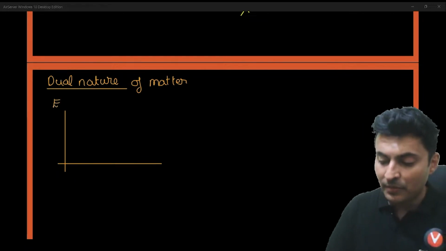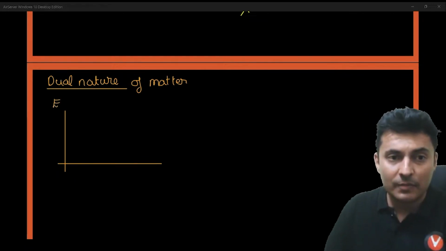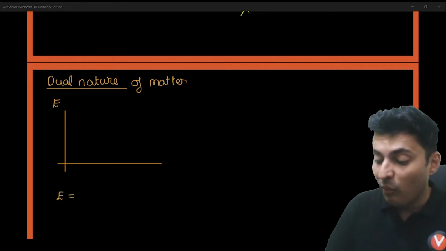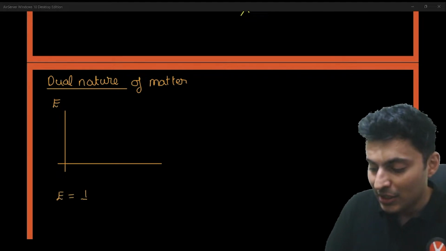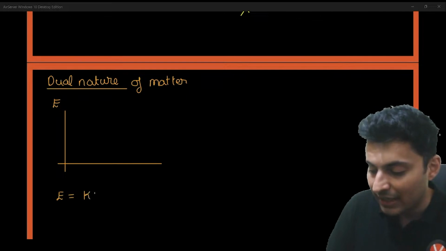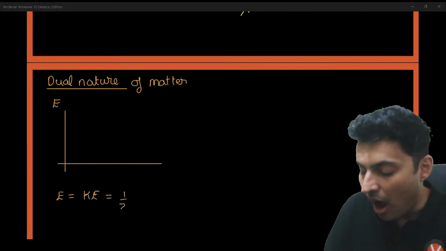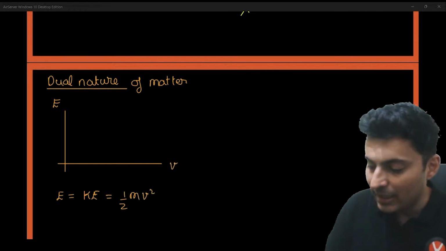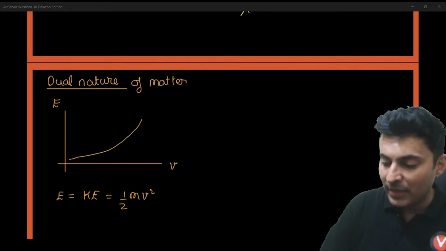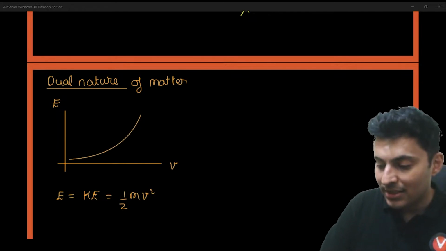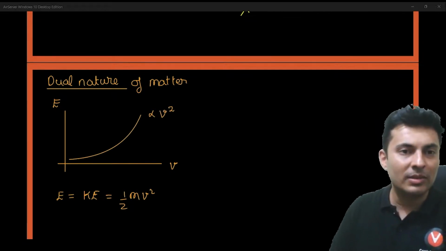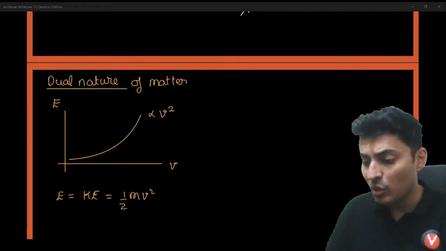The energy is basically kinetic energy, just half mv square. So it is directly dependent on the speed. The more the speed, the more the energy. The energy of the particle is directly proportional to the square of the speed.